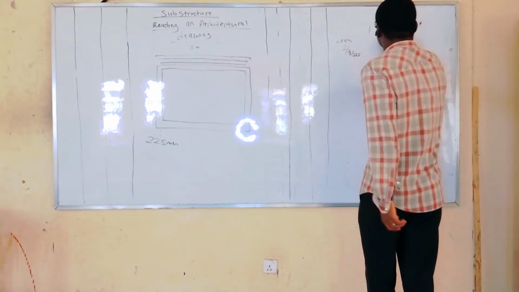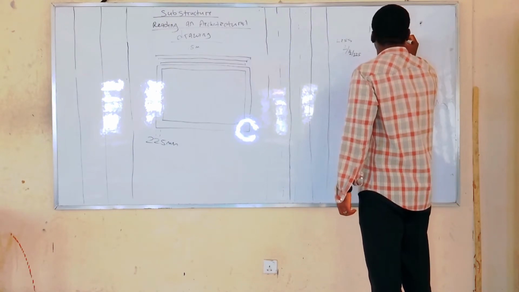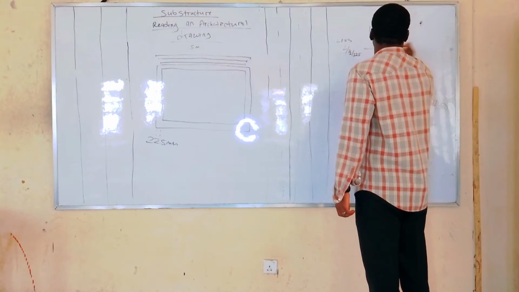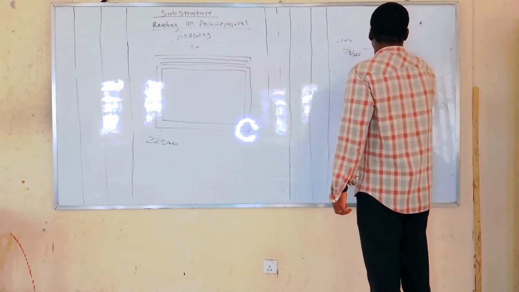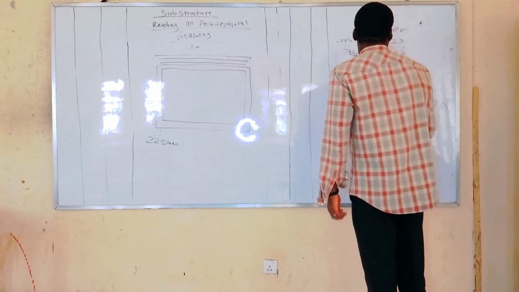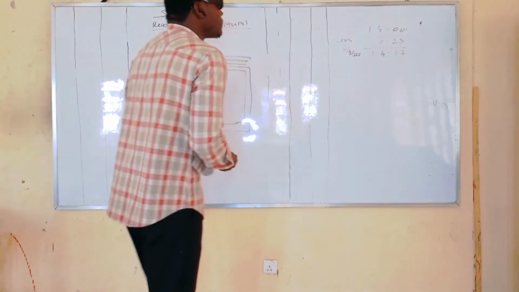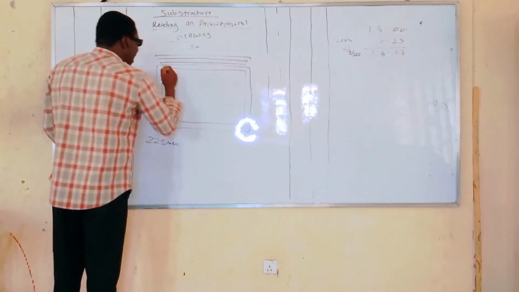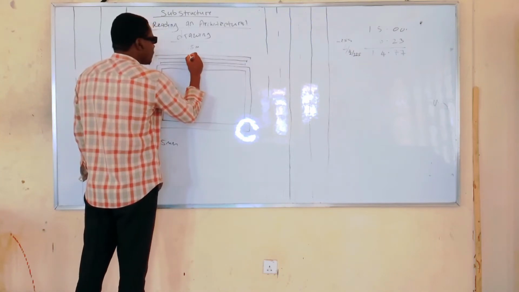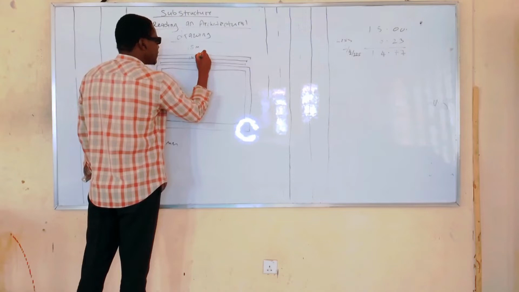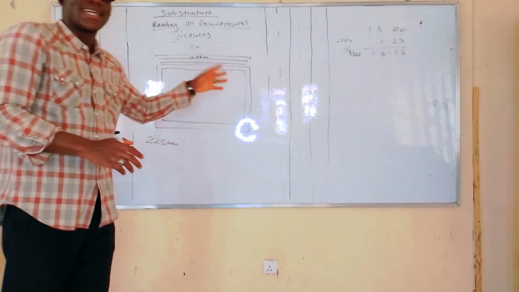That will now be 0.23741. So our center to center is what? 14.77 meter. That's our center to center dimension.